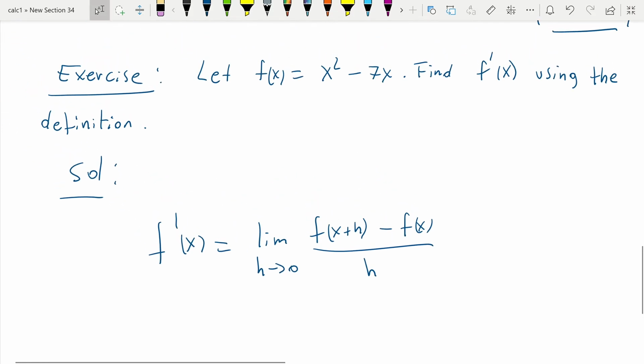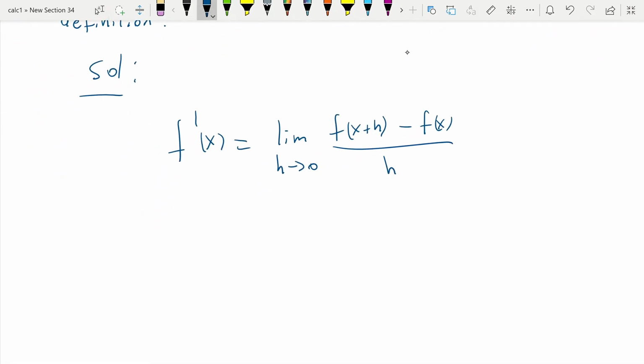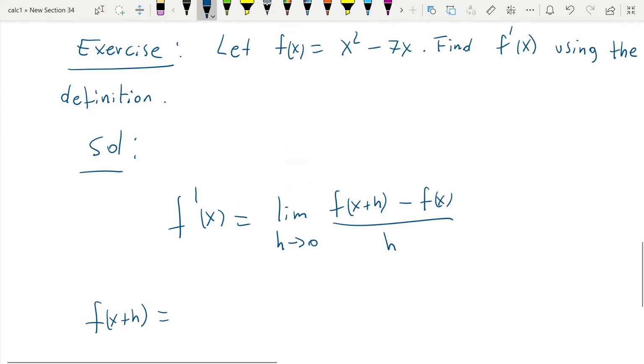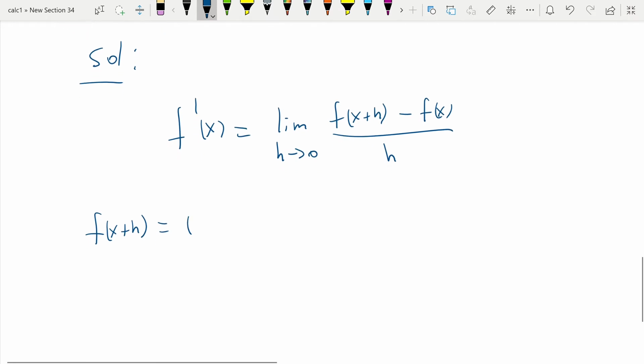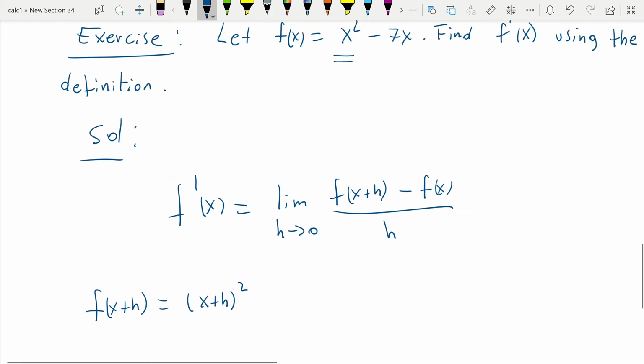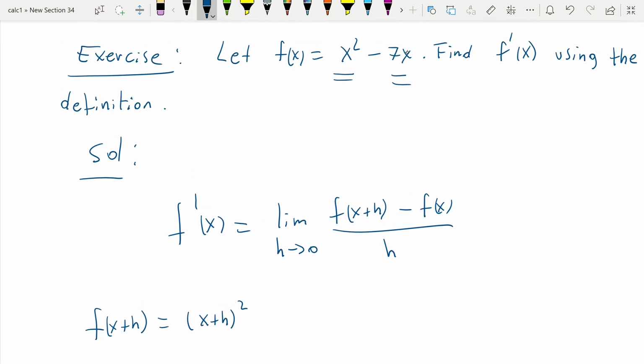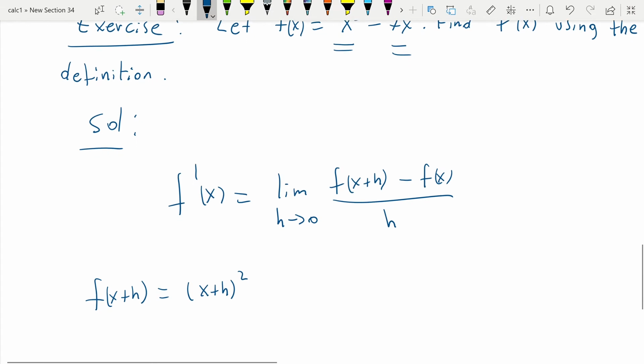Okay, so we need to see what f of x plus h is. What do we do to what's inside of f, in the argument of f? First we raise it to the square. In this case, what's in the argument of f? x plus h. So we raise it to the square, and then we subtract 7 times that quantity that we put inside f.